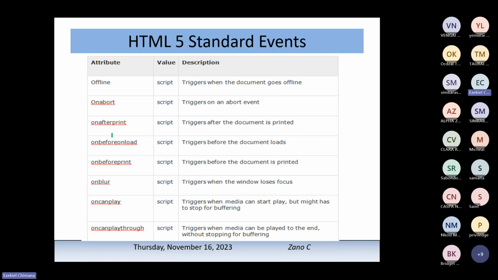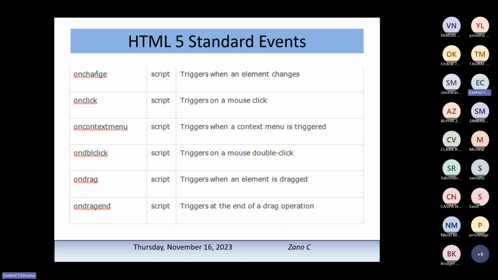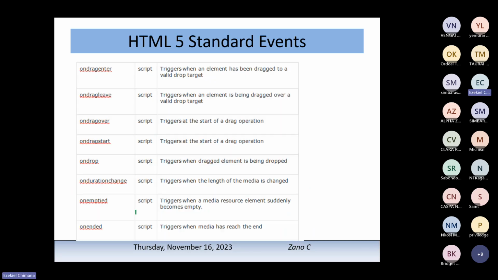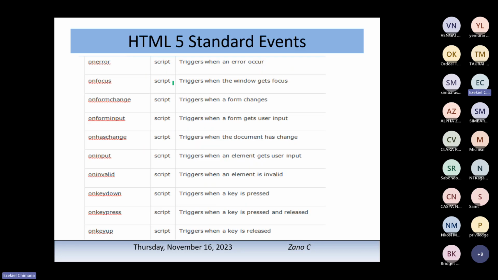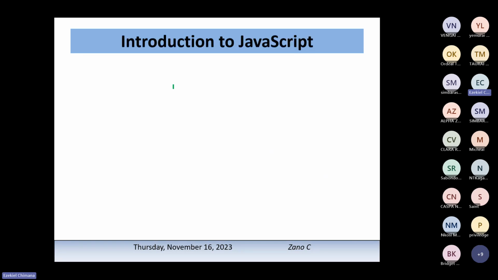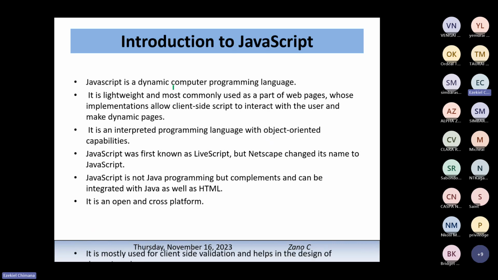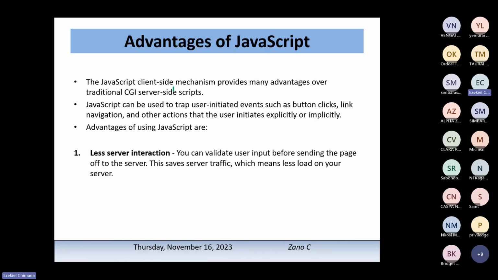These are the standard events you can use in JavaScript: onload, onsubmit, onplay, onchange, onclick. These are just events which you can use with JavaScript. This is just the introduction to JavaScript, but I'm not going too deep into this one.